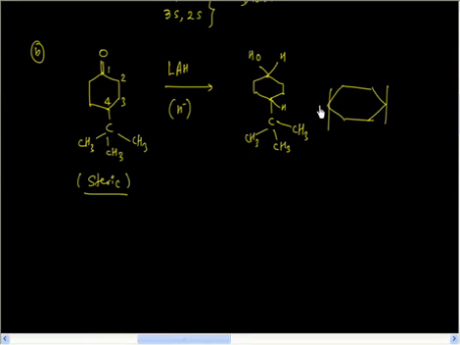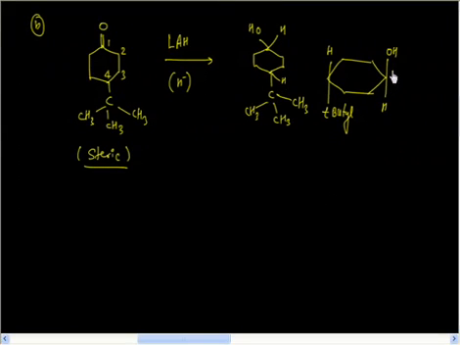This is carbon number 1, so 1 has OH and H, and carbon number 3 contains H and the tert-butyl group, which I write something like this. Oh sorry, this is not tert-butoxide, this is tert-butyl. So this group is tert-butyl. Are you getting it?